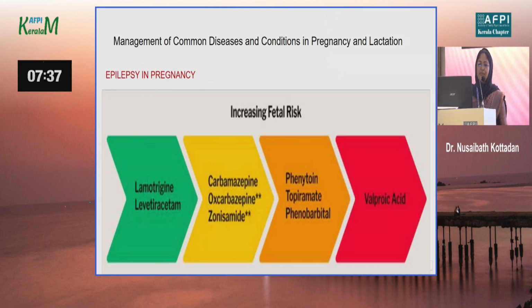Then about epilepsy in pregnancy, the safer drugs are lamotrigine and levetiracetam. If that is not effective, then we can use carbamazepine or oxcarbazepine with some risk. We should avoid phenytoin, topiramate, and phenobarbital, and valproic acid is contraindicated.